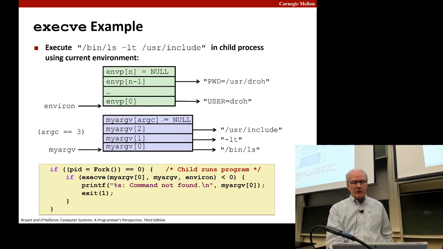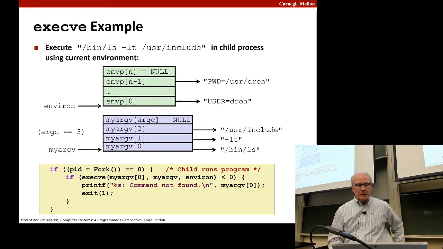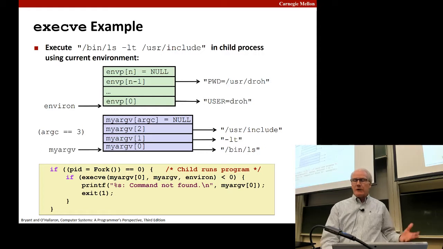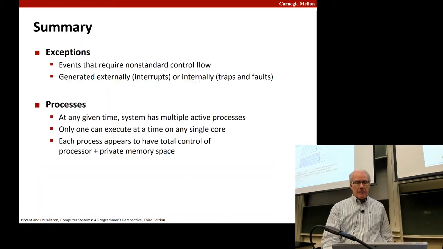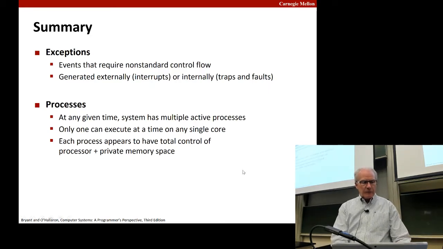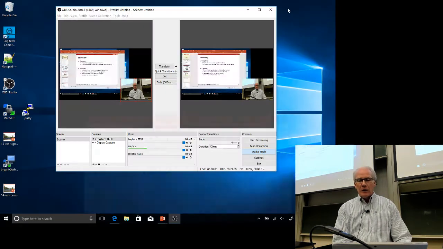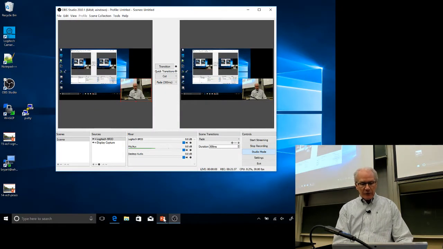You don't have to create that yourself. And then you'd call exec using these various arguments. And if it returns, it's actually a sign that something went wrong. But normally it doesn't return. We'll come back to that. So that was the tail end of the lecture from last time. Let me move forward with the material for this time.